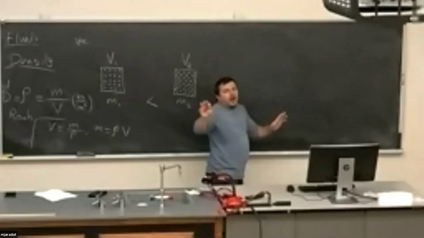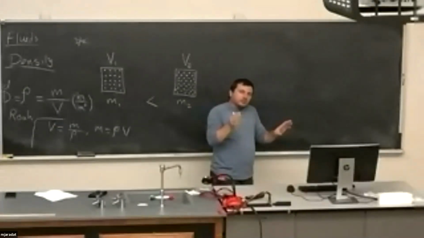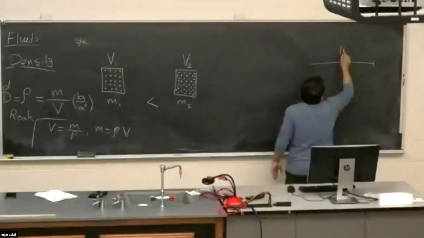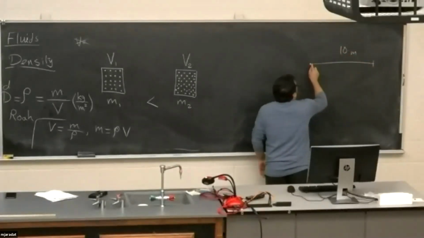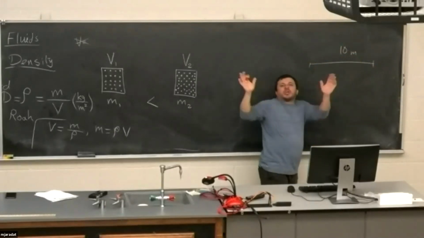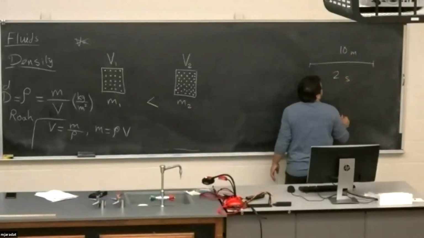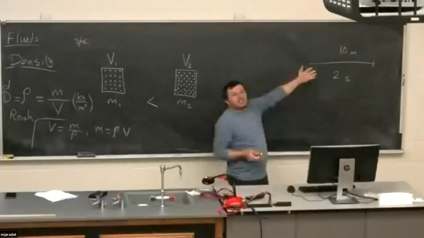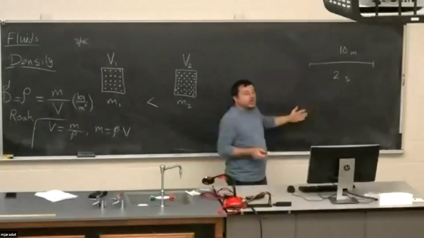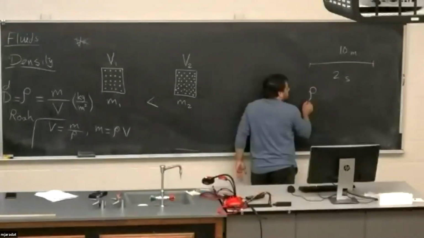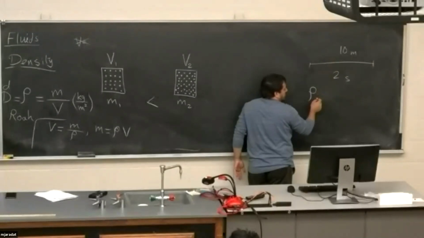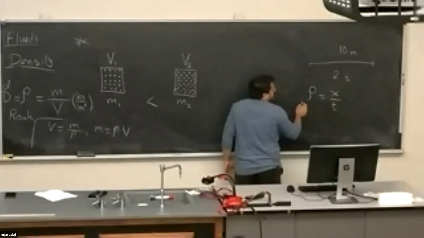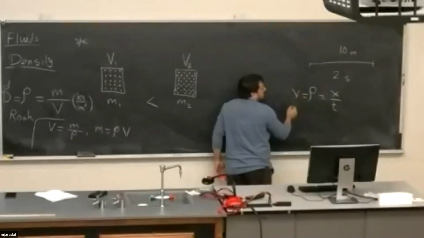I will give you something else now, different. If we have 5 meters or 10 meters, and the time is 2 seconds. Can you find the density of distance per time? So the distance, which is x, over the time, this is the velocity.